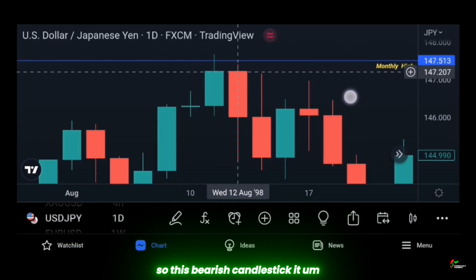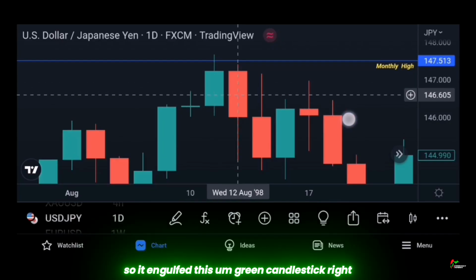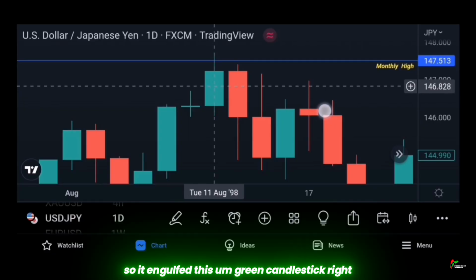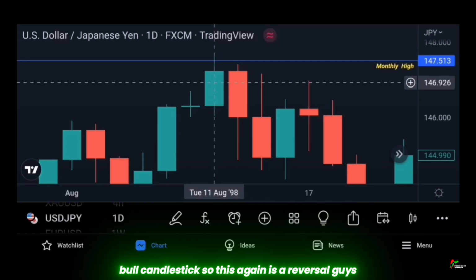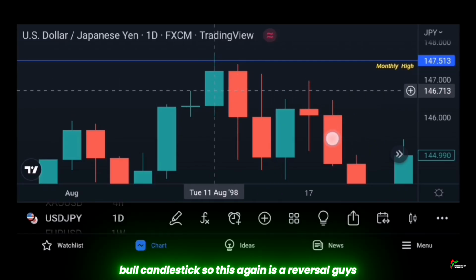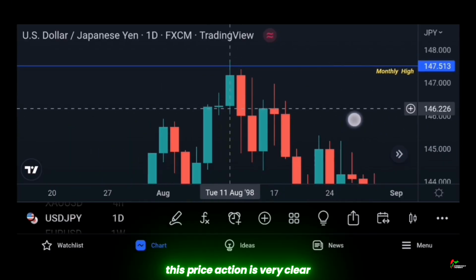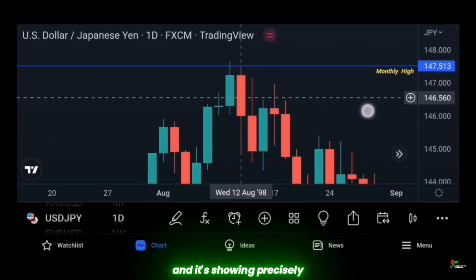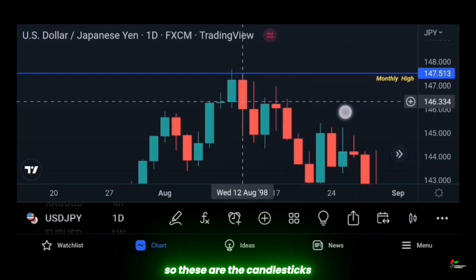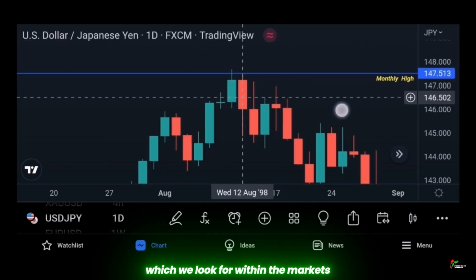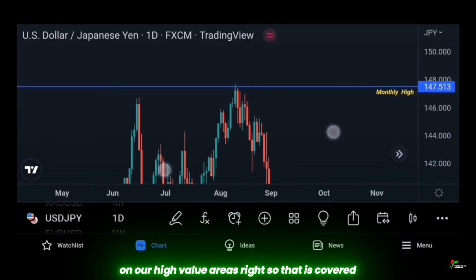This bearish candlestick has 100% and more body than this one, so the red candlestick engulfed this bull candlestick. This again is a reversal on its own. I'm loving the fact that this price action is very clear, and it's showing precisely what we are talking about. These are the candlesticks which we look for within the markets on our high value areas. So that is covered.